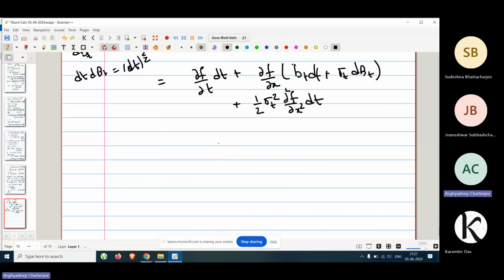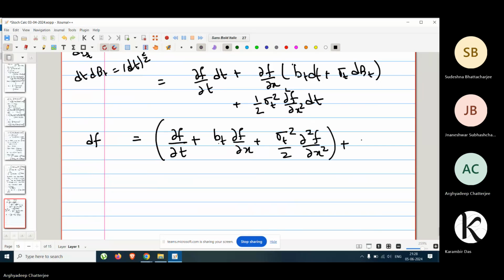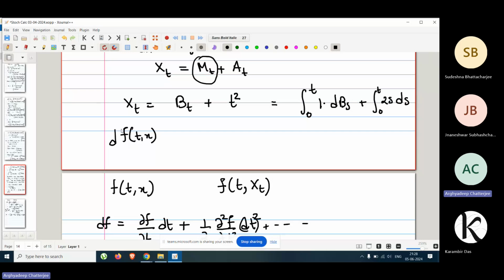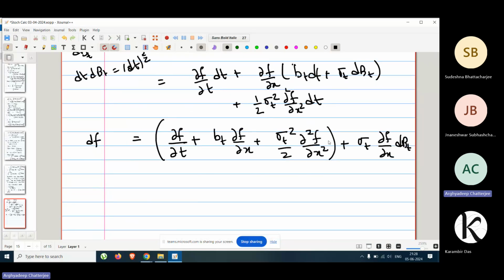If I now write this in a compressed form, we get df equals del f del t plus bt del f del x plus sigma t squared by 2 d2f dx2, all times dt, plus sigma t del f del x dbt. So this is the form of df that Ganeshwar was asking about. If we have a function of this form, then we can write df in this manner.